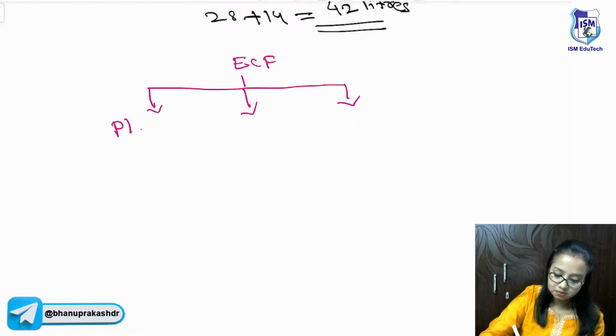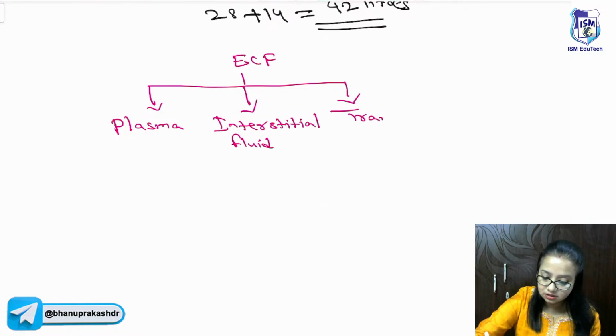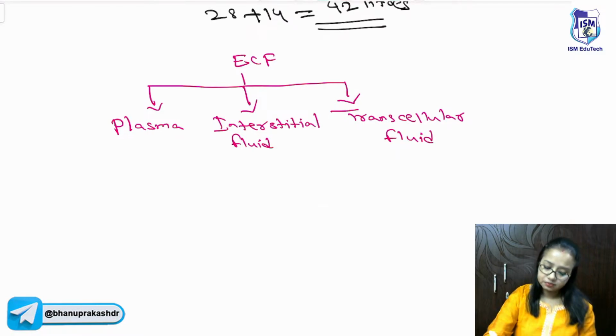One is the plasma, another is the interstitial fluid, another is the transcellular fluid.